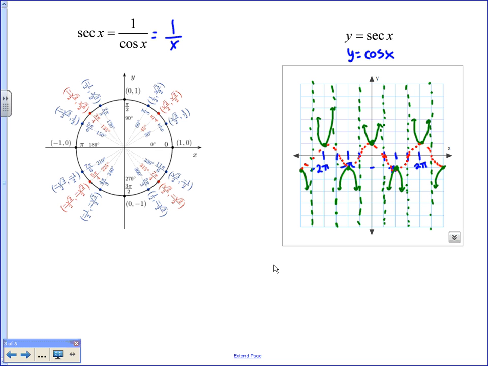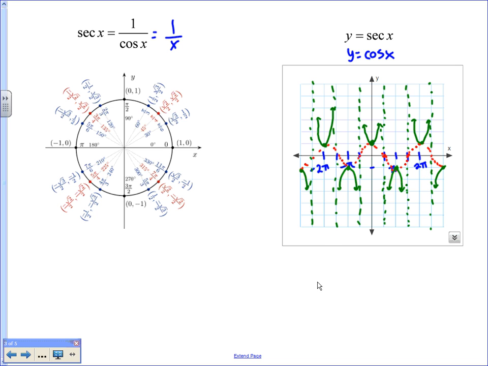So the best strategy on any secant, whether it's shifted, stretched, whatever, is change it to cosine and graph that as a dotted line, and then do what we just did, where you put vertical asymptotes where the cosine graph hits 0, and then you draw your u's and your n's on the graph. So the normal period of secant is 2 pi.